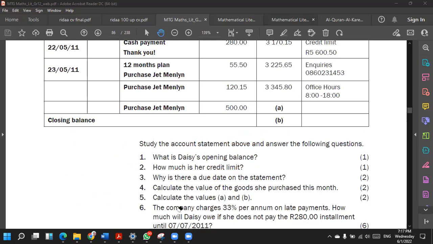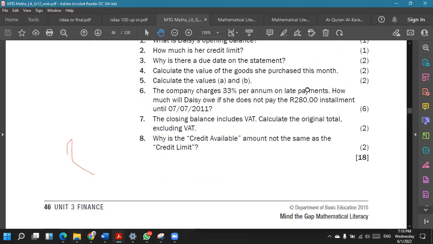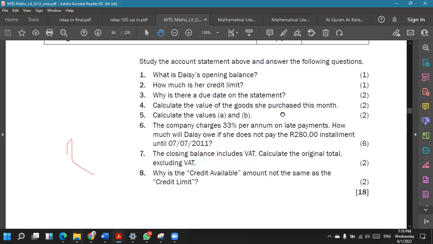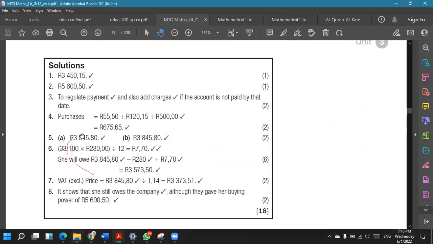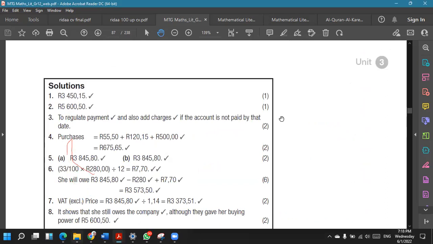Calculate the values of A and B. So I think we got A earlier on, right? Yeah, but we never got B. What was that value? I think it was, wait, let me double check quickly. That was 3,845.80.